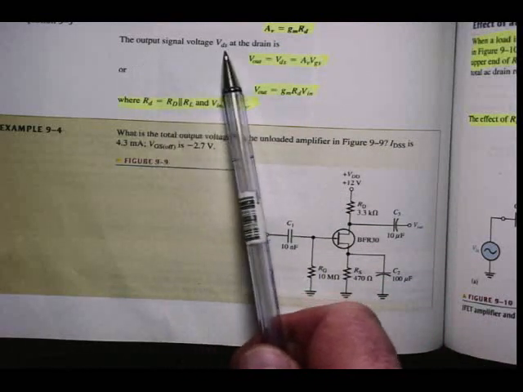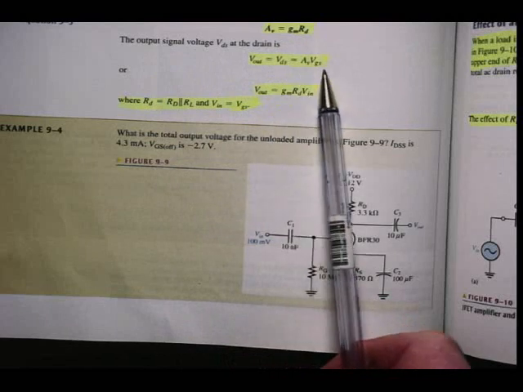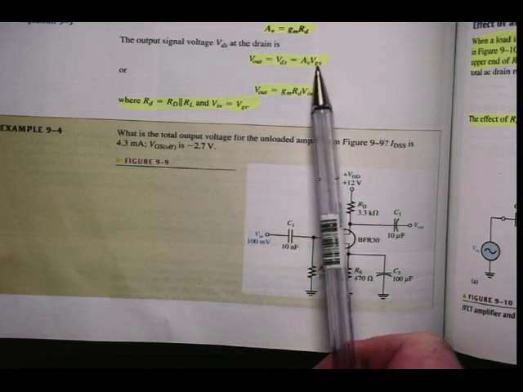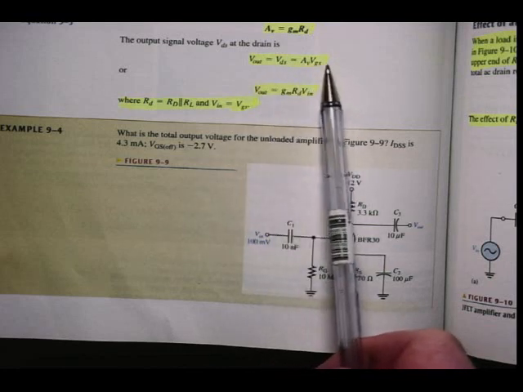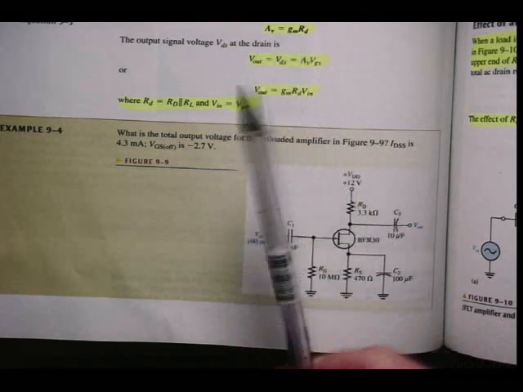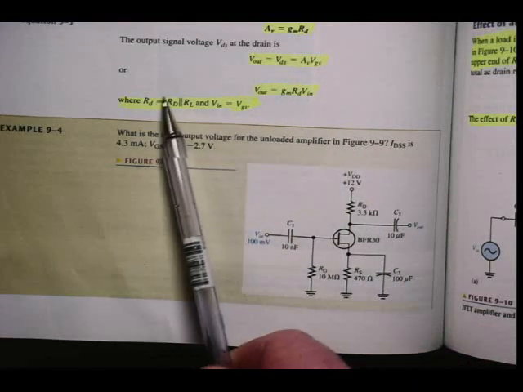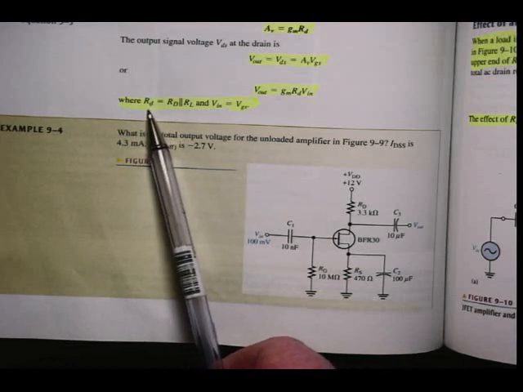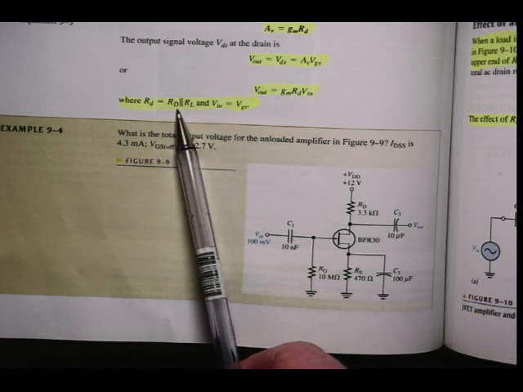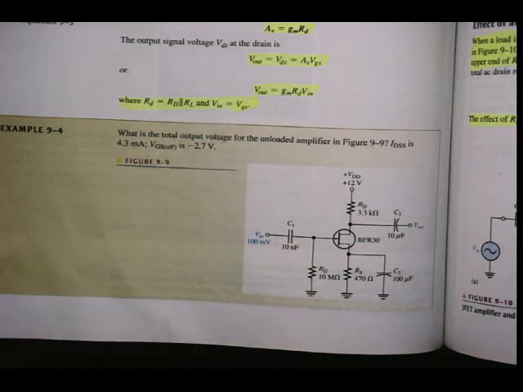The output signal voltage Vds at the drain is Vout, equal to voltage gain times VGS. Remember, look at all the subscripts. Lowercase now, so it means we're working with AC. Vout is equal to gm Rd Vin, where Rd, underline that, of course lowercase Rd is RD in parallel with RL, and Vin is equal to VGS.